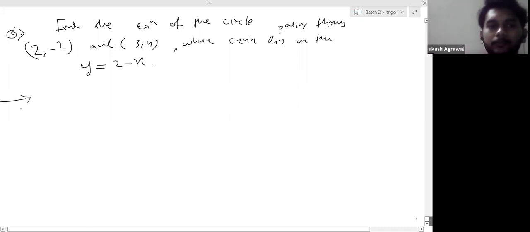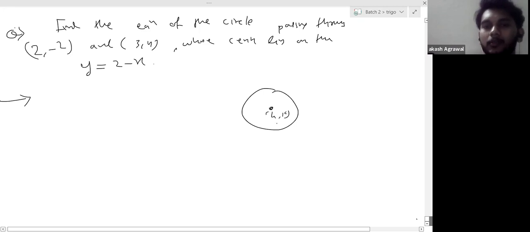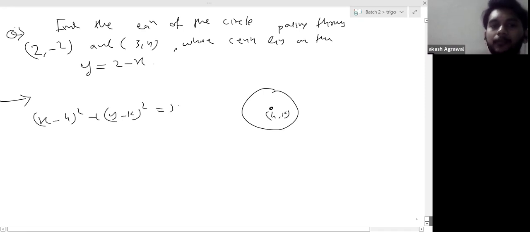So let's assume this is the circle, the center is (h, k). So the equation of the circle is (x minus h) whole square plus (y minus k) whole square equals r square. Now this point is on the circle. So put the value: (2 minus h) whole square plus (-2 minus k) whole square equals r square.